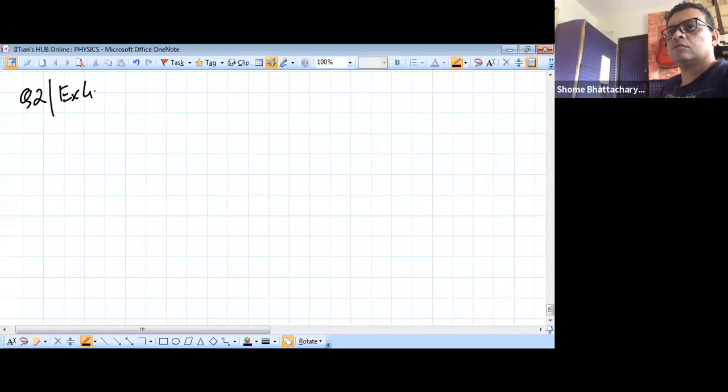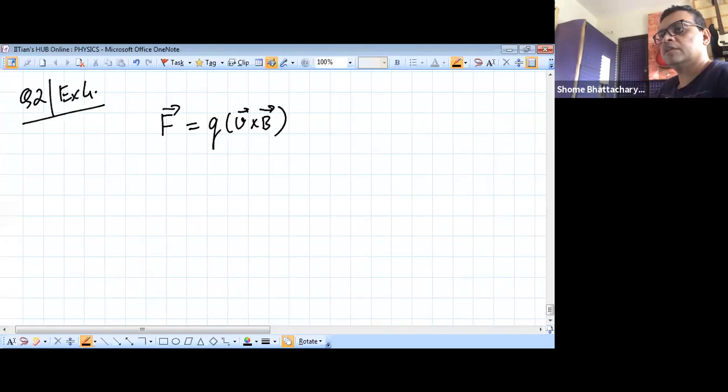Of exercise 4. This question says that we have a force acting on a charged particle, which is given by Q into V cross B. We will see this equation later in physics. It's a very famous equation called the Lorentz force.